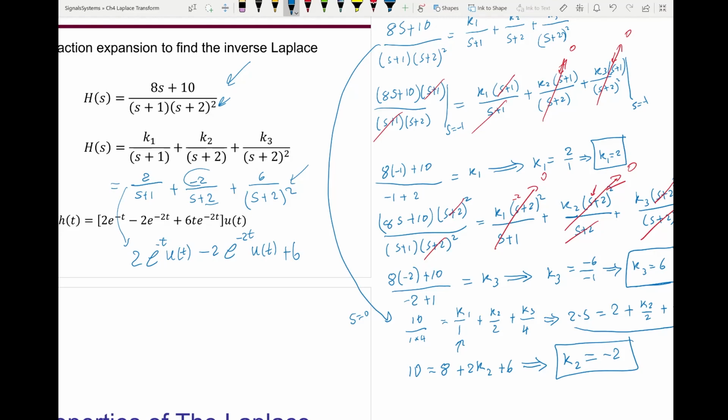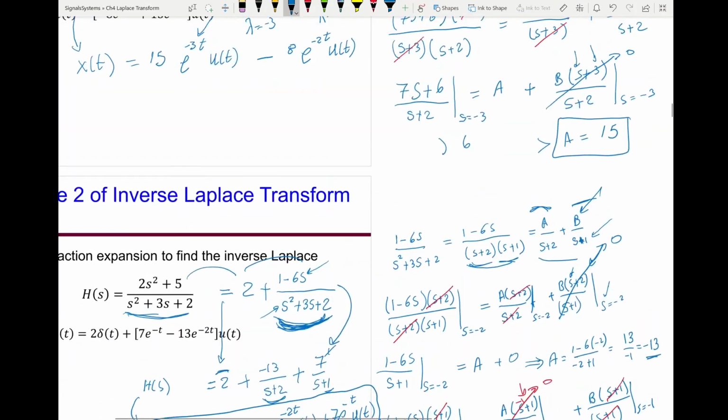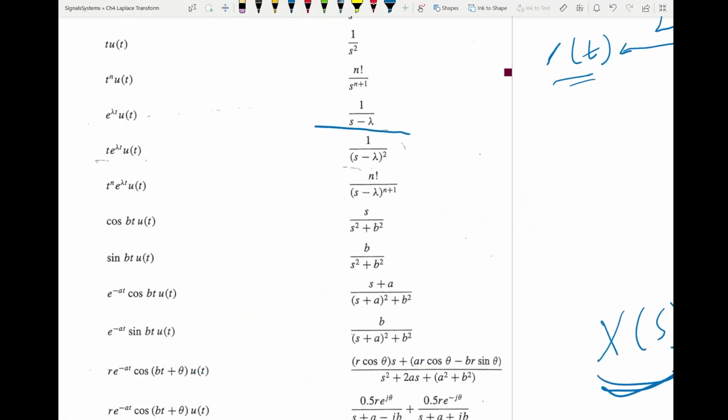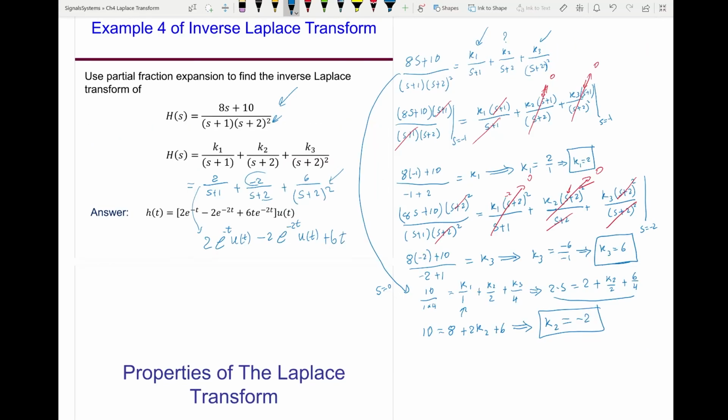So if we go back to the table, look for something similar, you will find this. When you have this square, then you have t. So that will be t e to the minus 2t u of t. And this is h of t.